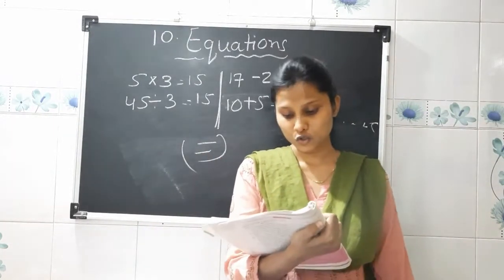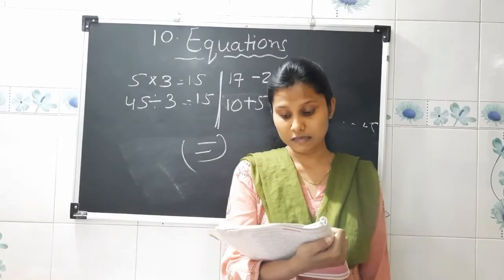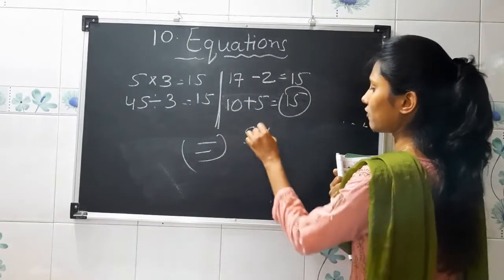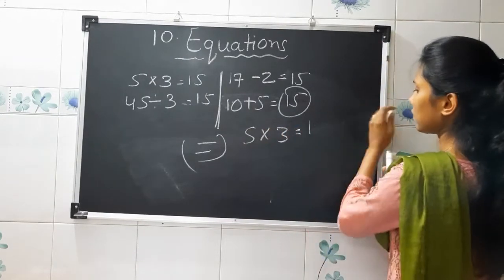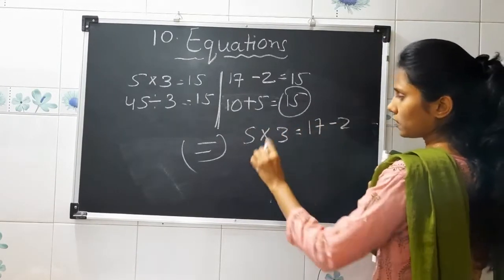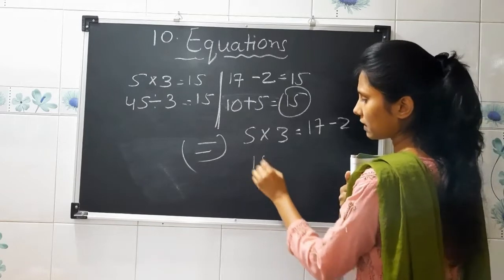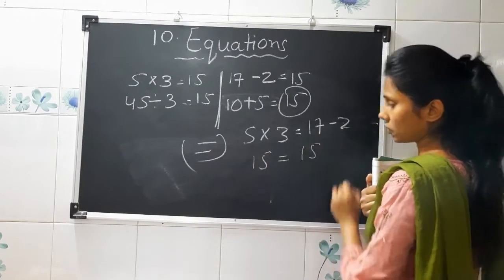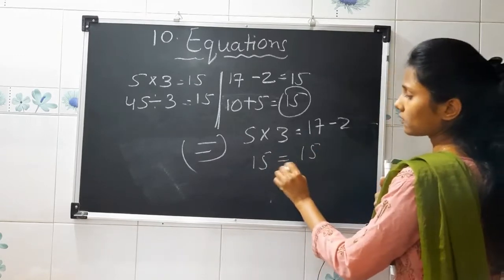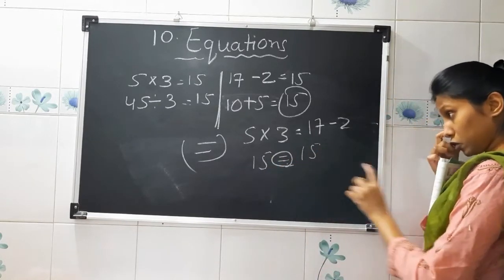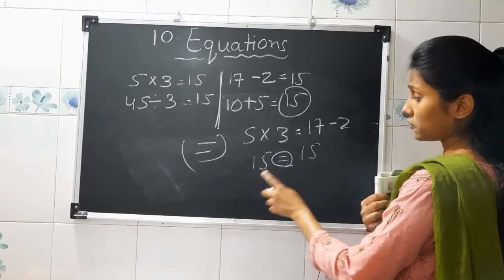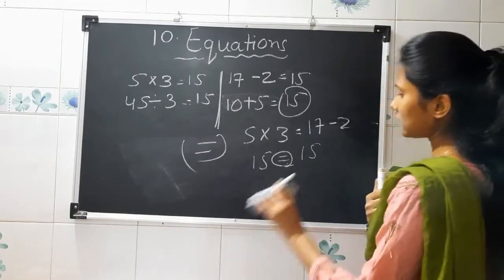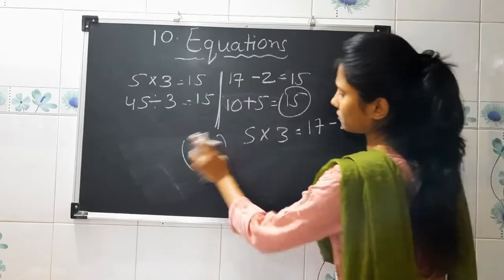This symbol shows that the numbers on both its sides are equal. Means 5 multiplied by 3 is equal to 17 minus 2. So 5 multiplied by 3 is 15, and 17 minus 2 will also give you 15. So this sign is used to show that both the expressions give you the same number, that is equal number. That is why the equal to sign is used.